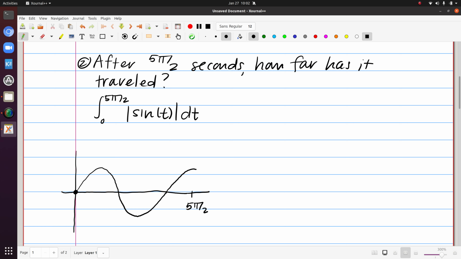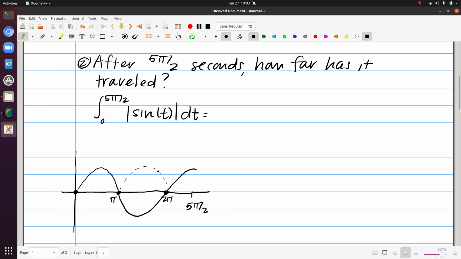So we need to pay attention to the portion where it's negative, which is between pi and 2 pi. So the absolute value of sine would flip this part upward.